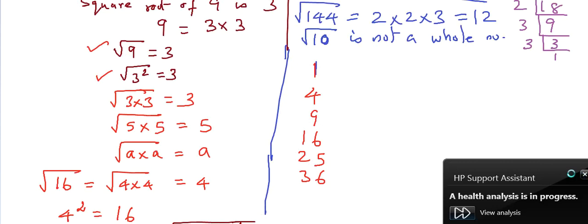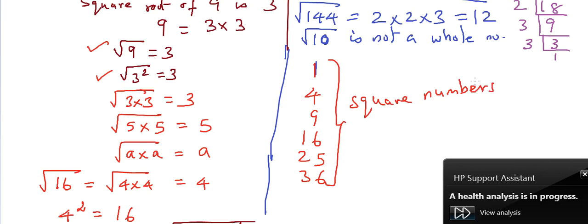These are all square numbers. They are also called perfect squares.